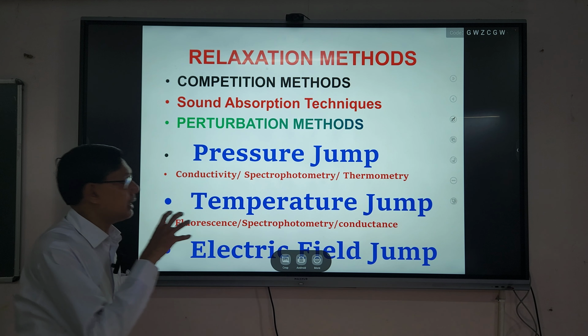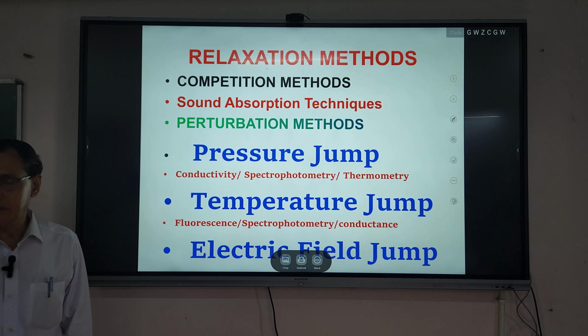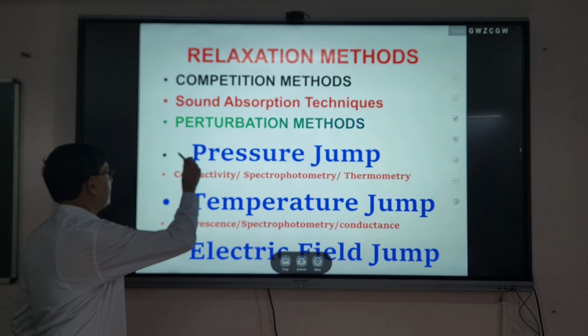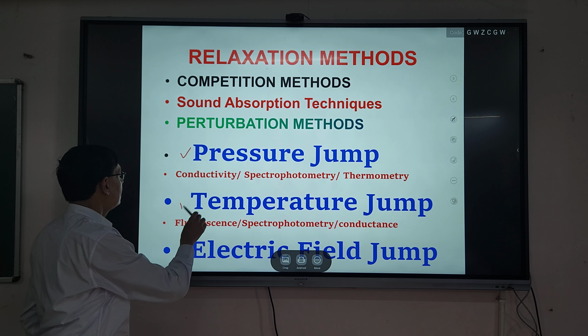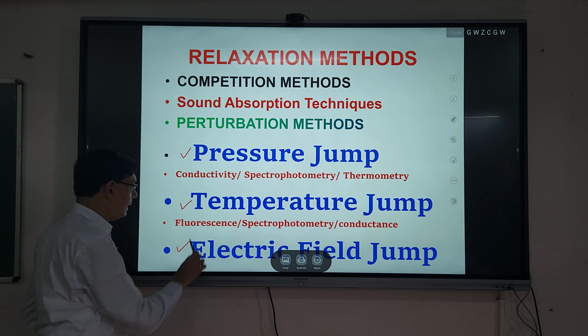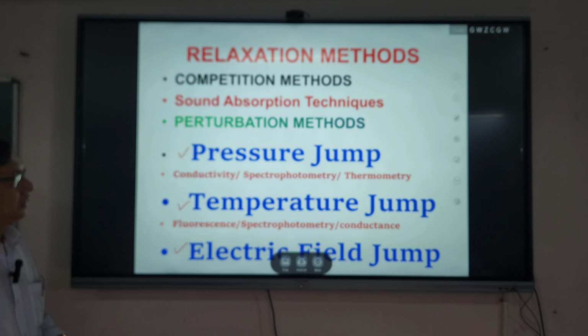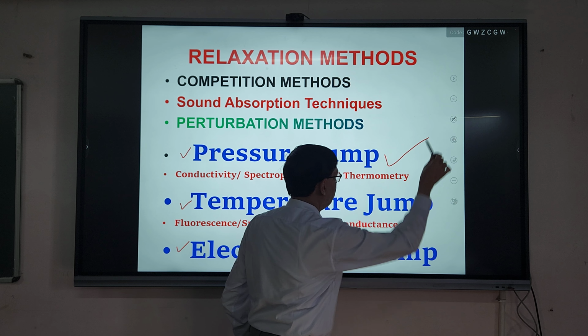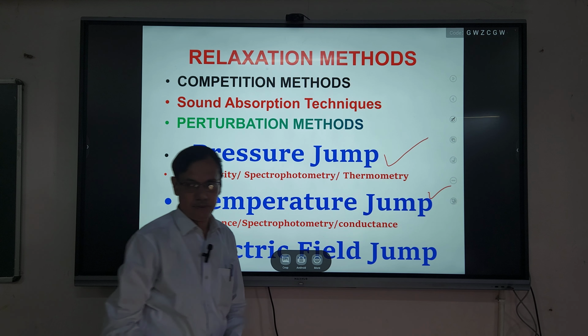And the indirect method, which is very important and most commonly used, includes pressure jump, temperature jump and electric field jump. But today I will concentrate only on the pressure jump and temperature jump method.